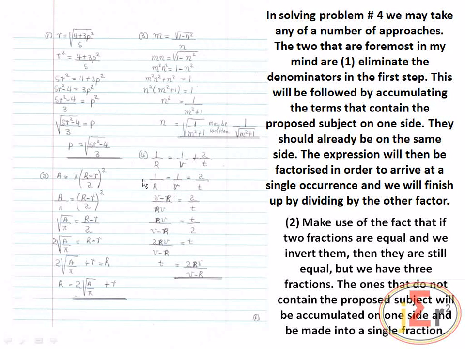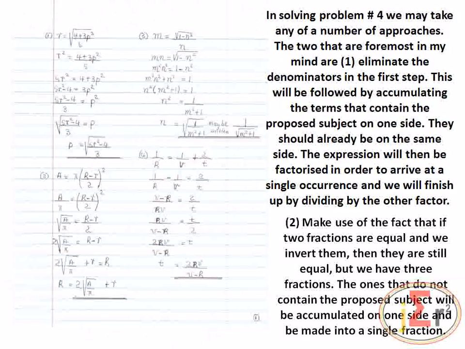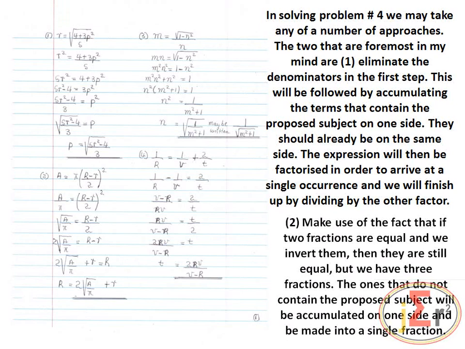The ones that do not contain the proposed subject will be accumulated on one side and be made into a single fraction then. And then we'll be able to find the reciprocal. As a matter of fact, I am imagining that the CSEC examiners are testing our ability with that, because by giving us like this, as a matter of fact, I see candidates doing it, inverting all of the fractions and continuing to transpose the formula.